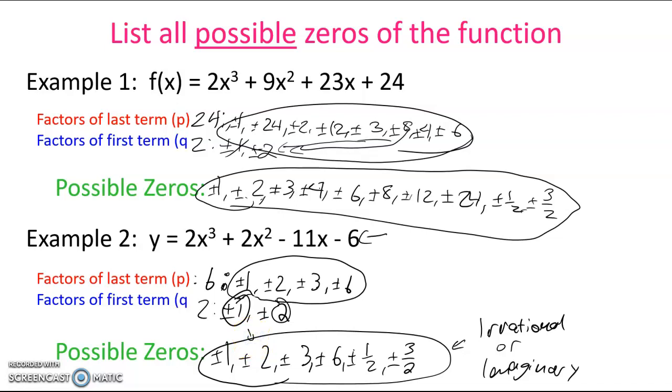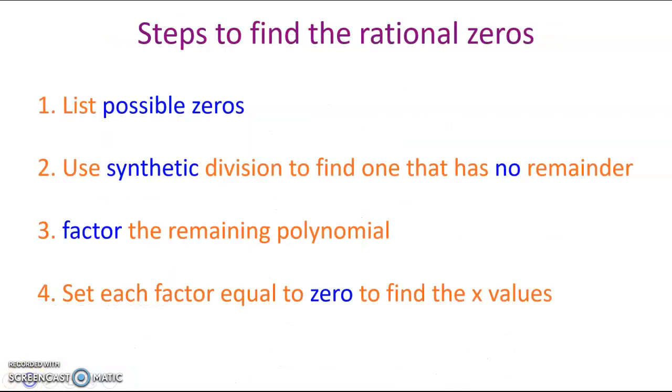All right. So how do we actually use this? Basically, we're going to list the possible zeros. That's what we just did. So it's basically P over Q. And then we're going to use synthetic division, hence why I was saying it's important to know what it is, to find the one that has no remainder.